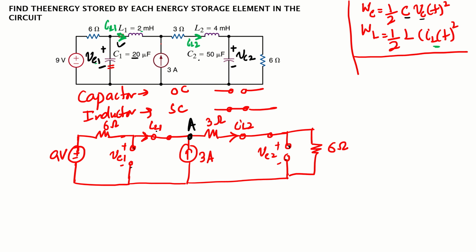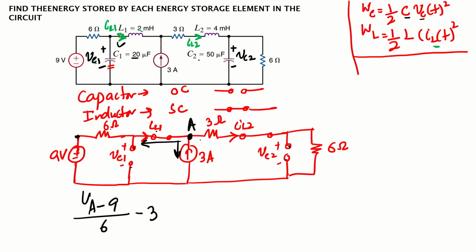So if we write the nodal equation here, all currents leaving. My purpose is to find the voltage or current so that I can find the rest of the things. So this current will be leaving, so what will that be? VA minus, what is the voltage here? 9 volt, right? Divided by this resistor 6. Then this current will be leaving, so that will be minus 3 ampere.